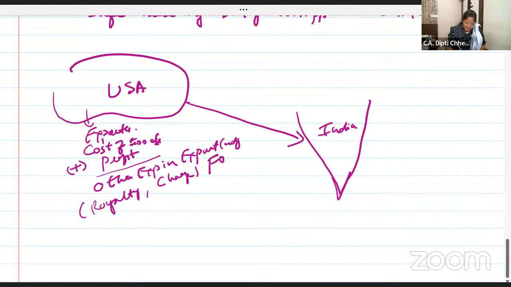All this is called FOB, free on board. Clear? Free on board for customs.